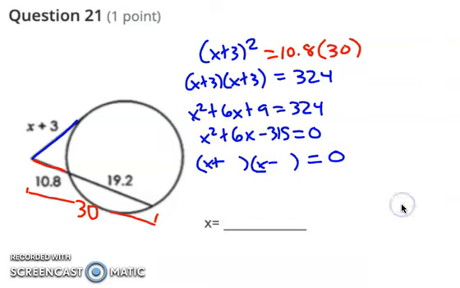And that would be 15 and 21. So we want 21 to be by the plus sign and 15 to be by the minus sign. Those add to positive 6. They multiply to negative 315. This one gives us an answer of negative 21. This one gives us an answer of positive 15. Keep the positive answer. The negative answer doesn't make sense. Okay. Question 22.